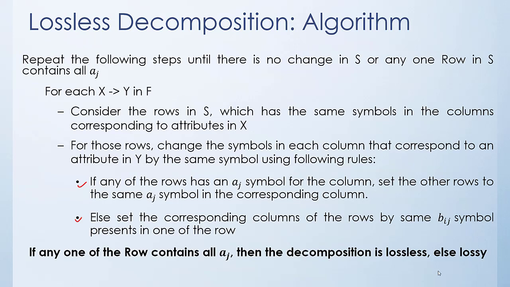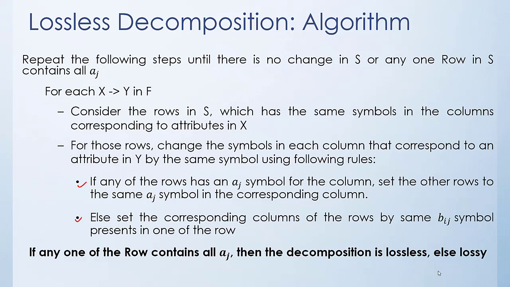Now in this example, in a single run, we are able to find a row in the S matrix which contains all AJ. Now there may be some cases where decomposition using the functional dependency does not produce all AJ in any of the rows.